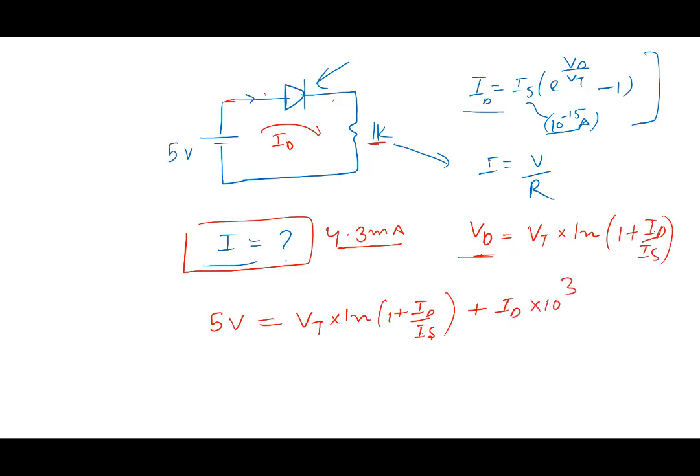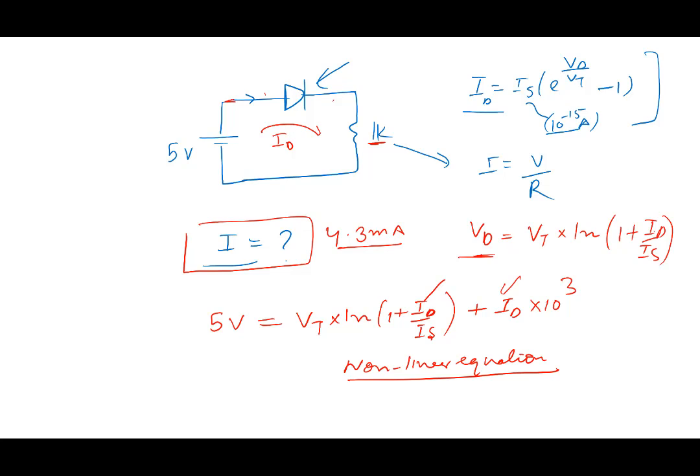This is the equation that we need to solve, right? So one equation and one variable. This is the only unknown which is there, and you have one equation, so that's not an issue. The problem is that this is a nonlinear equation, and it's not straightforward to solve.